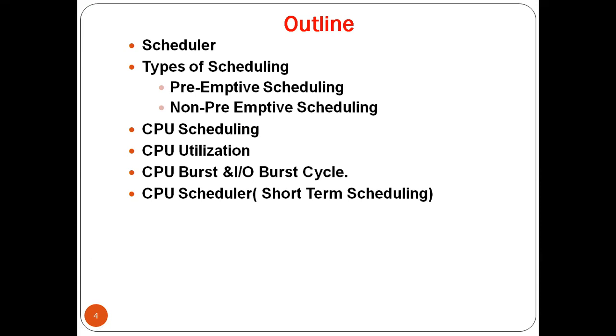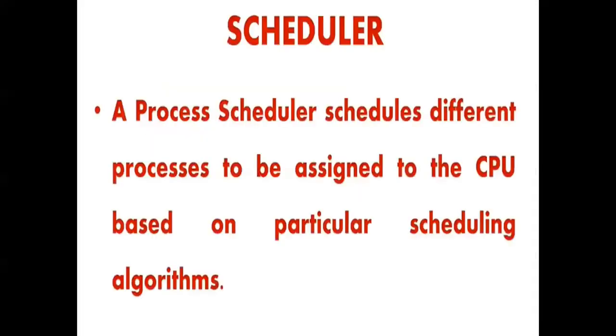Next, we'll be seeing about CPU scheduling, CPU utilization, and the CPU burst and I/O burst cycle. Next, we'll be seeing about the CPU scheduler, which is otherwise called the short-term scheduler.